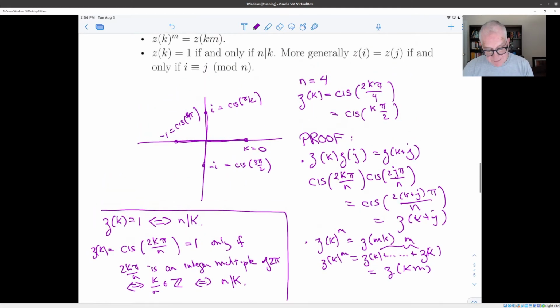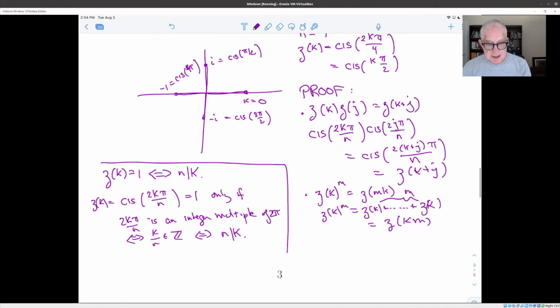And if you take this result and combine all the things that we know, then you see that z of i and z of j are equal if and only if, divide both sides by z of j, you get z of i minus j equals 1.